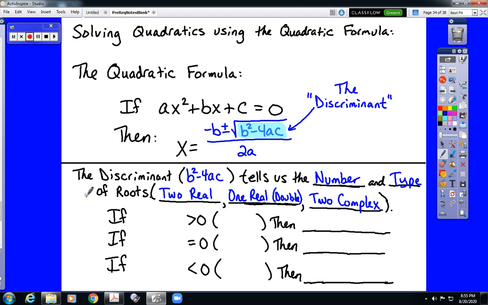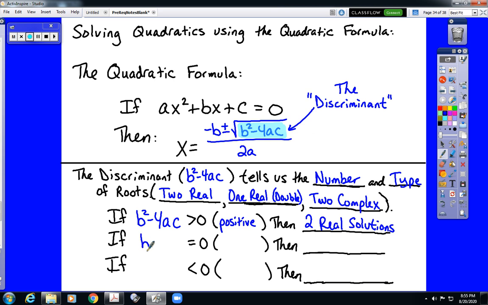So the way this works is we find that value, b squared minus 4ac, and the value of the discriminant tells us what number and what type of roots we have. If b squared minus 4ac is greater than 0, in other words, if it is a positive number, then our quadratic has two real solutions.